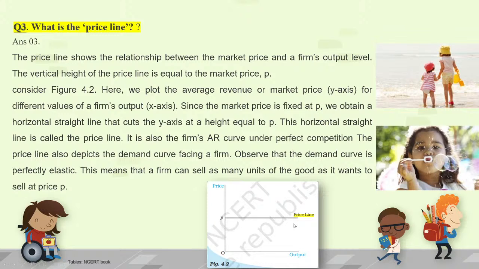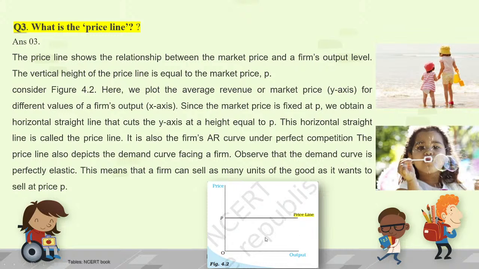Why is it straight here? It's showing that a firm can sell as many units of the good as it wants to sell at price P. See, price is constant here and the output is increasing, meaning that price is the same, but selling keeps increasing. That is why this curve is parallel to the x-axis.